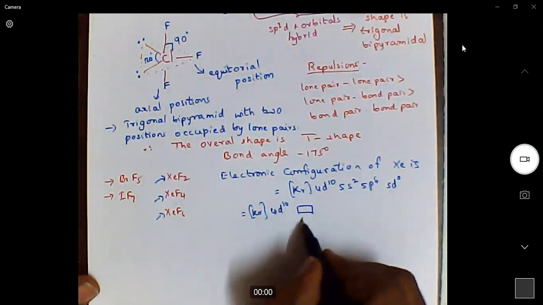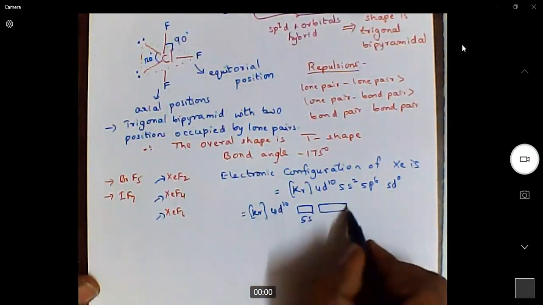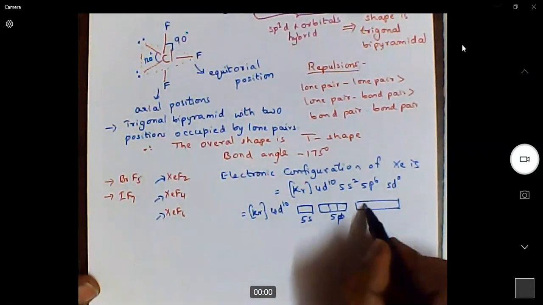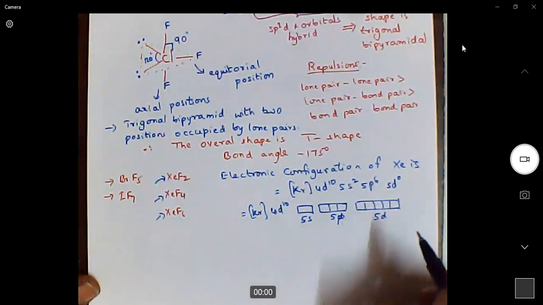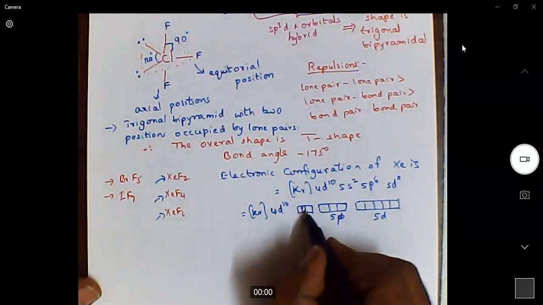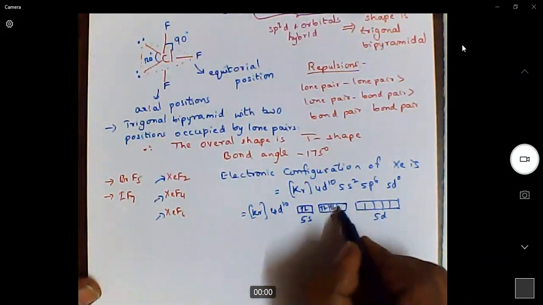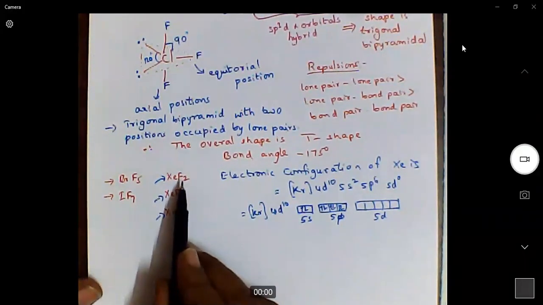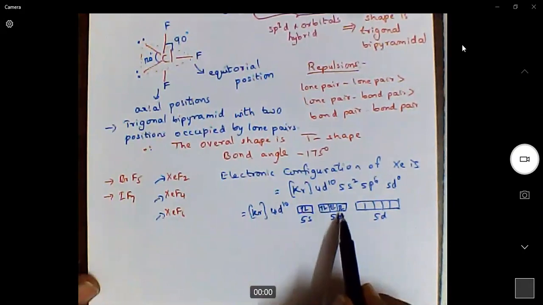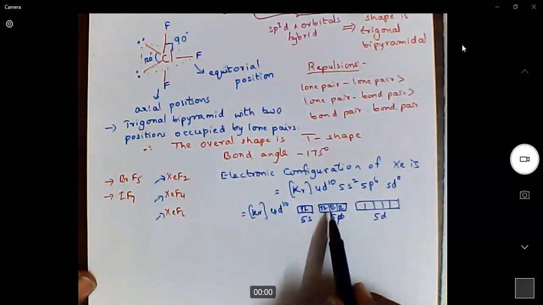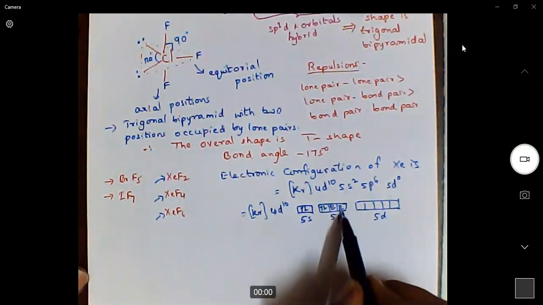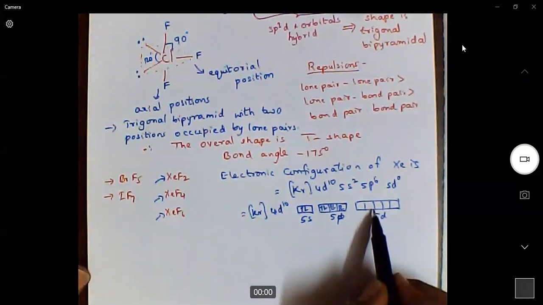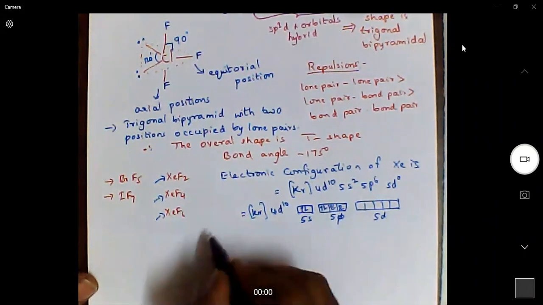We will only consider 5s, 5p, 5d. Now there are 2 electrons in 5s, 6 electrons in 5p, and there are no electrons in 5d. Now in order to generate two bonds with two fluorine atoms, we must have two single electrons. But in xenon, all the electrons are paired. So what we need to do, we need to excite one of the electrons from the p orbital to the d orbital so that we will have two unpaired electrons.